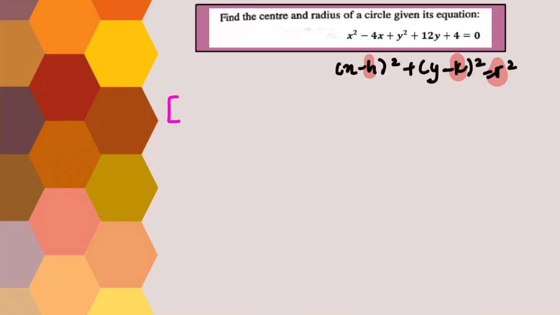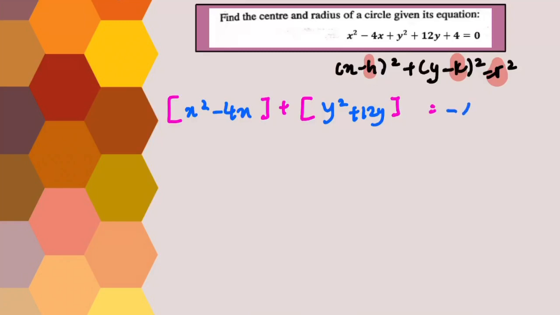So let's start off. First of all, we want to separate the x variable, and we want to separate the y variable, and our constant later on we want to put on the right hand side. Your x variable is x² − 4x. Your y variable is y² + 12y, and the constant here is plus 4.